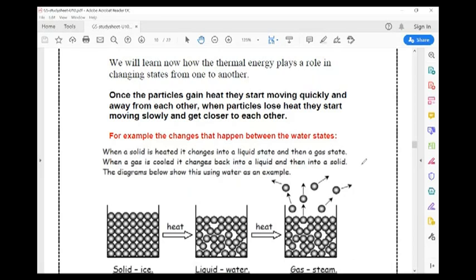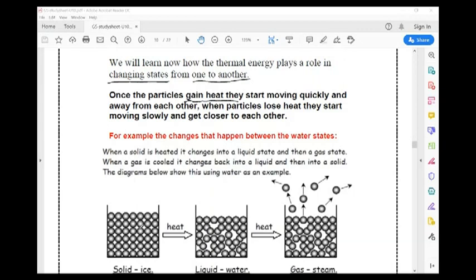In this part, we will learn how thermal energy plays a role in changing the state of matter from one state to another. Once particles of a solid gain heat energy, it means an increase in temperature.